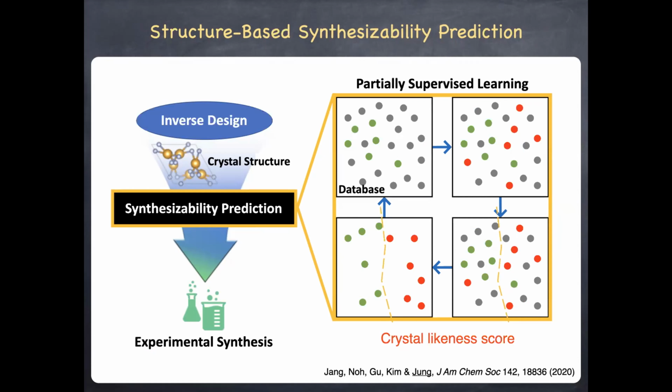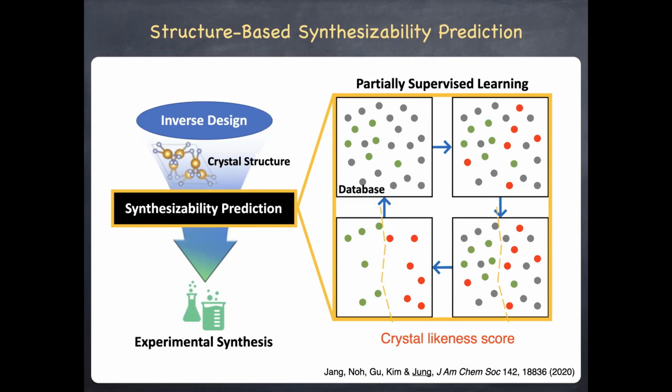But this is different from the conventional classification task because in conventional classification, you have the positive and negative data. And when the model is trained, when the unknown data comes in, the model predicts whether it's positive or negative. But in our case of synthesizability, if the material has been synthesized, we know that it's positive data.